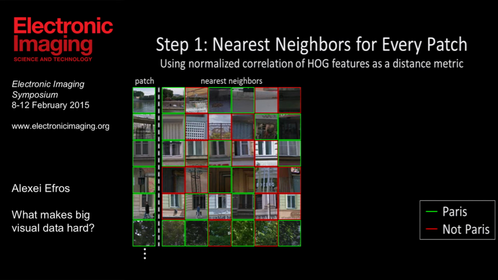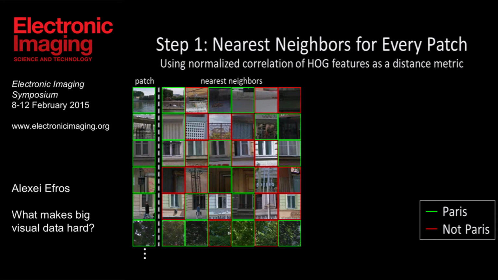And so the first thing we did then is to say, okay, let's see what happens if we also look at the labels of these nearest neighbors, because we know which of the patches come from Paris and which do not come from Paris, okay? There is 50-50: 50% of the data is from Paris, 50% is not from Paris.